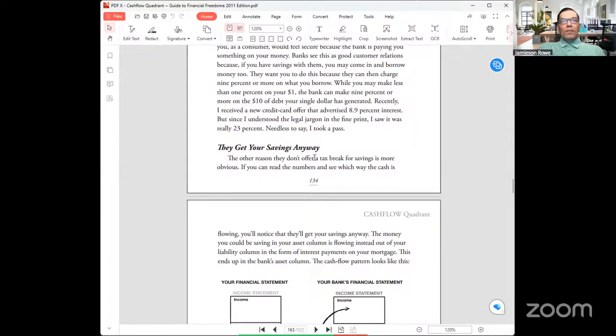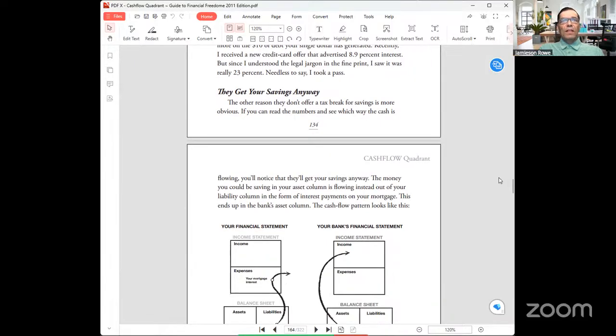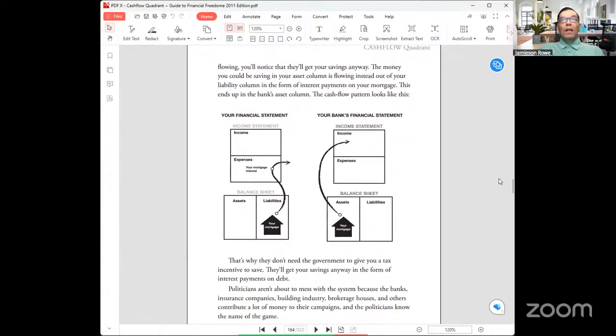They get your savings anyway. The other reason that they don't offer a tax break for savings is more obvious. If you can read the numbers and see which way the cash is flowing, you'll notice that they'll get your savings anyway. The money you could be saving in your asset column is flowing instead out of your liability column in the form of interest payments on your mortgage.